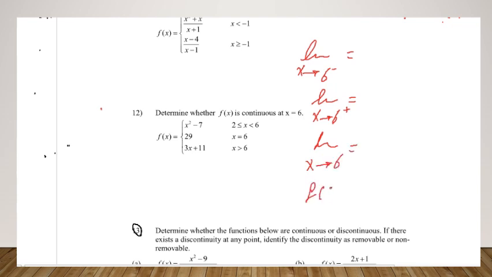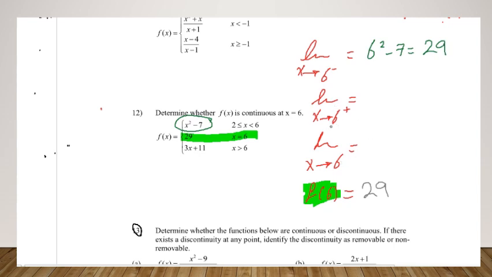If you wanted to find f of 6, it's the value at x equals 6. So f of 6 is equal to what? Equal to 29. From the negative side, it's 6 squared minus 7, which is 36 minus 7, which is 29.